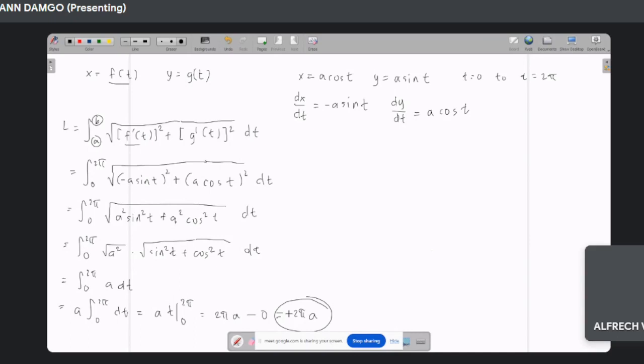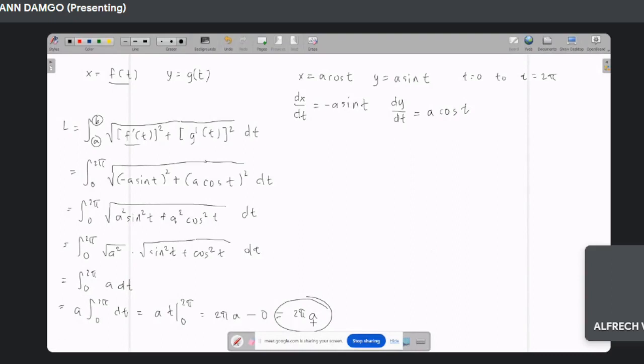But using the calculus, by the parametric equation, the arc length of a curve, na-solve nato ang circumference using this. Okay, where your a here is the radius.